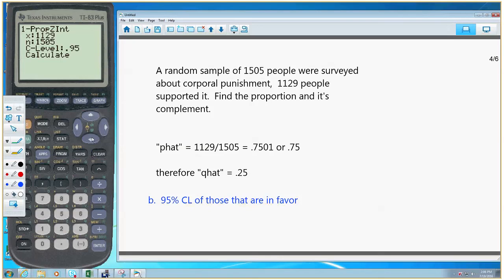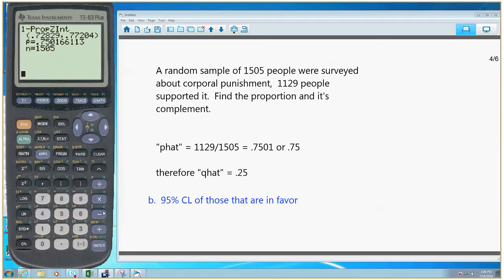Between 73% and 77%. And you're 95% confident that the population, based on this sample, is going to be between 73 and 77%.